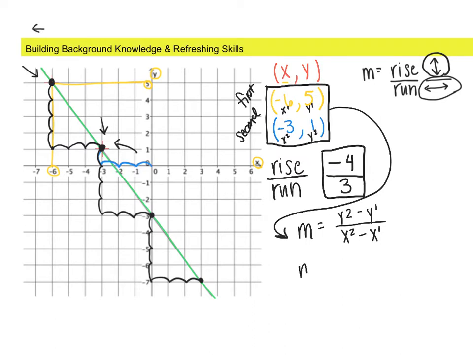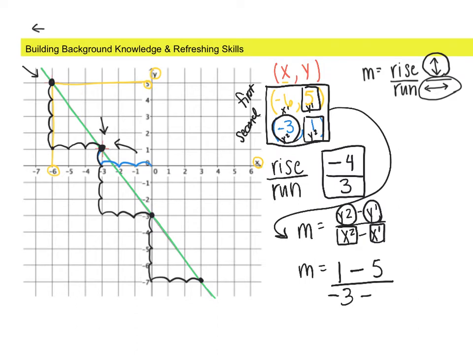So my y2 was this 1, so I'm going to do 1 take away my y1, which was this 5. So it's 1 take away 5 over x2. Here's my x2, -3, take away x1, -6.